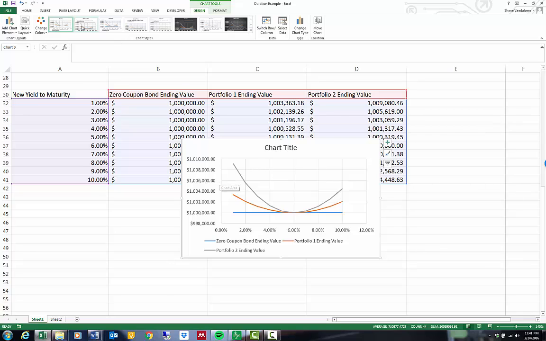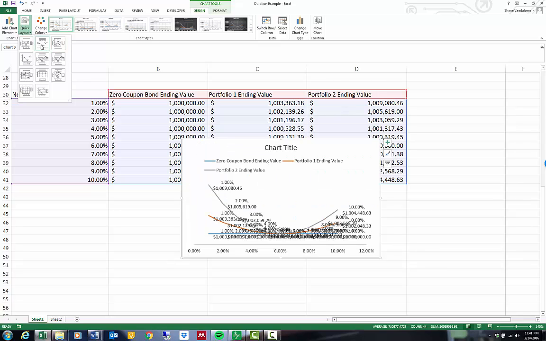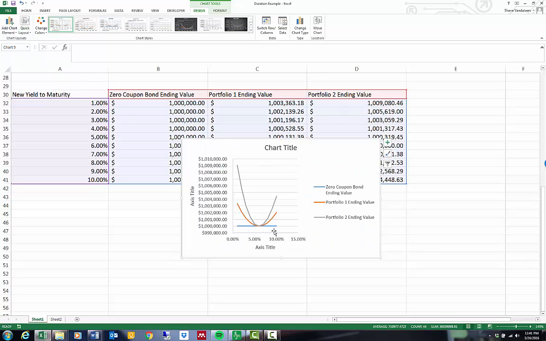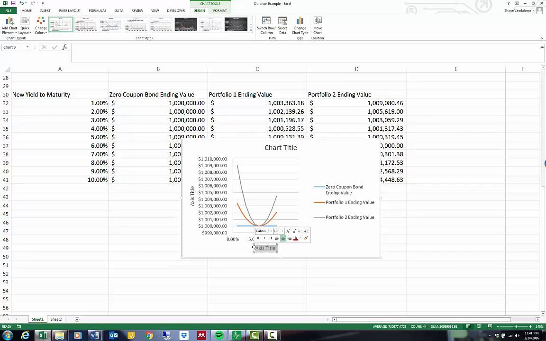So do Quick Layout. Don't want that one. That one looks good. So my chart title is the new yield, my axis title is the new yield to maturity.